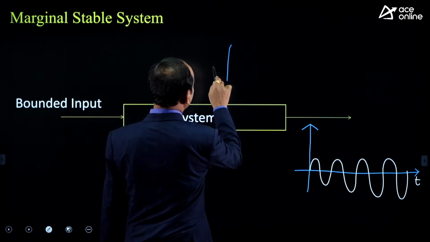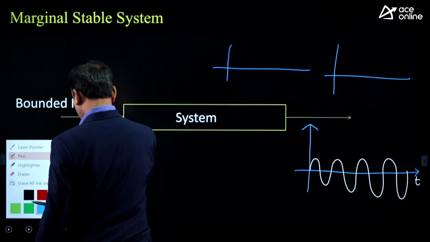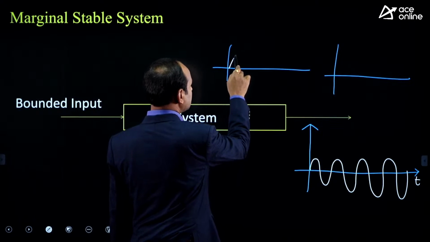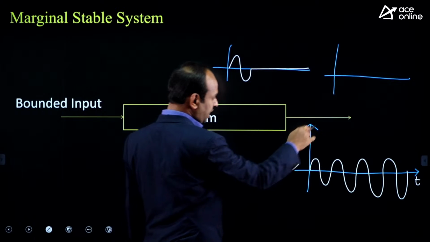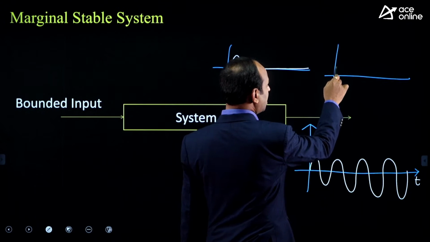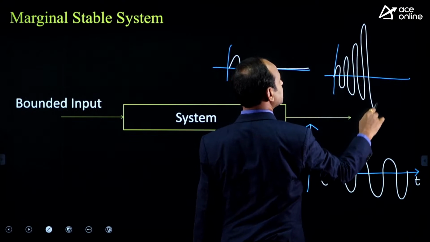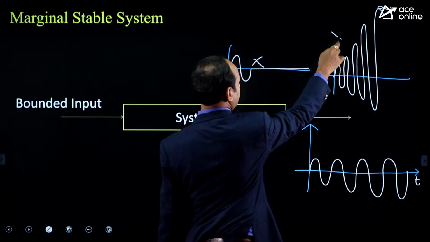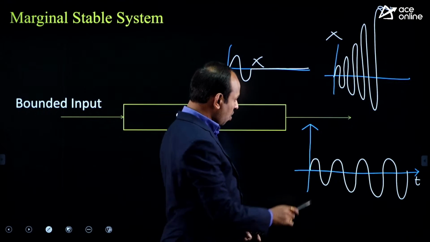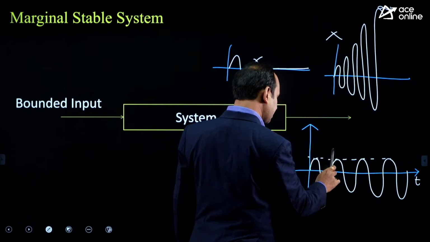Observe, I am taking one more example here. If you take a sine signal, it is not ending like this. If the oscillation is continuous but the amplitude increases like this, it is an unstable system, not a marginal stable system. A marginal stable system has constant amplitude and also a fixed frequency.